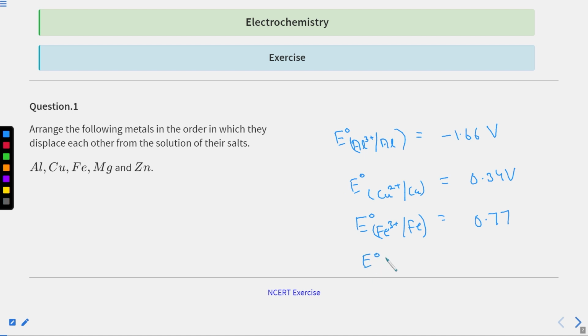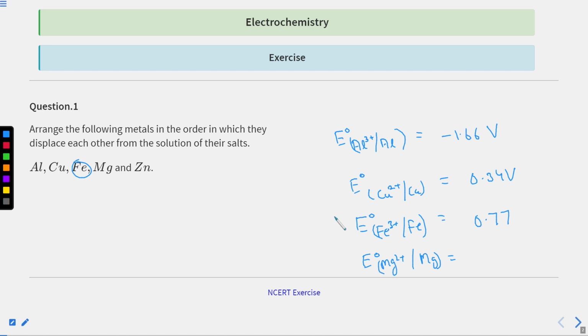And for magnesium, it will be 2 plus. In this, you have to take the most stable oxidation state, right? Suppose if Fe3 plus to 2 plus is given, we will not take it because we are asking about Fe replacing the salt, not Fe2 plus replacing the salt. Okay. So next is magnesium 2 plus.